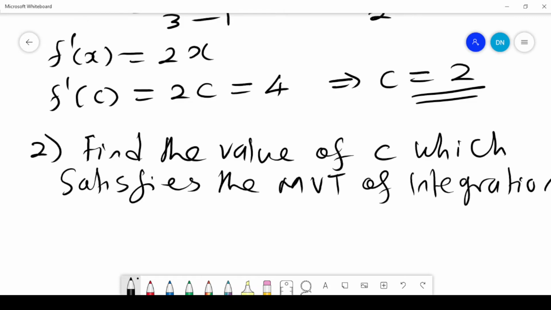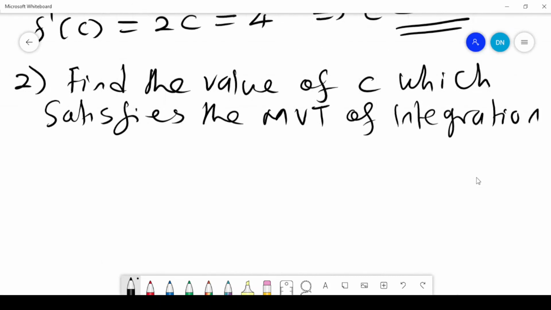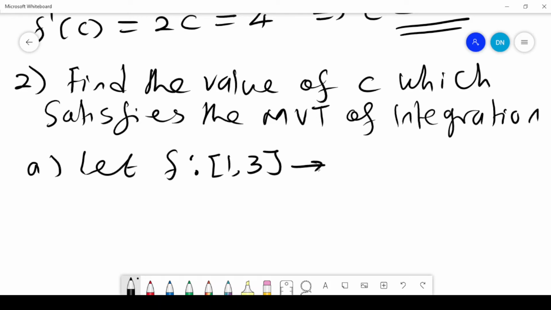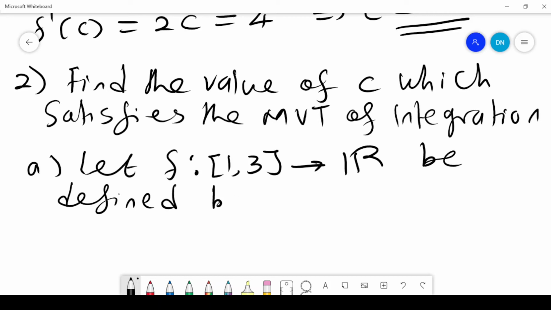We want to find the value of c which satisfies the MVT of integration, the mean value theorem of integration, and we have an example. Let f map [1, 3] into the real number system, defined by f of x is equal to x squared.